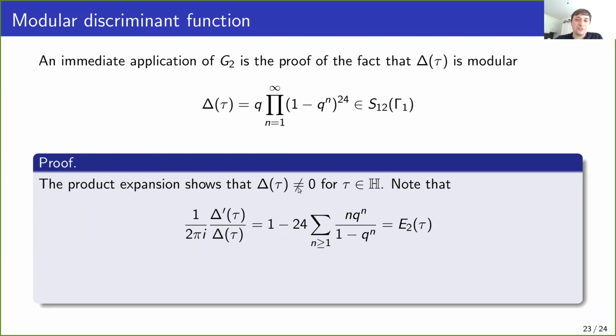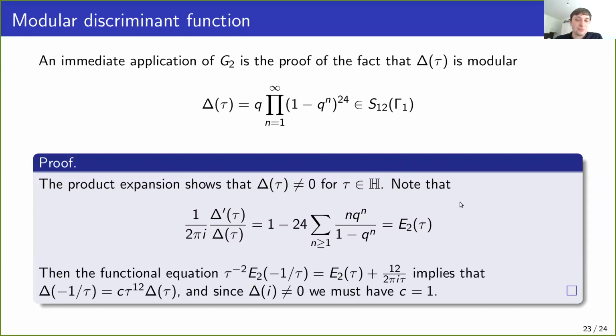So if you take the logarithmic derivative of delta, you get this series, 1 minus 24 times this sum. And if you think a little bit about it, it's exactly the same as what would be E2. It's exactly the generating series for divisor sums, if you just expand this 1 minus q to the n in the denominator.